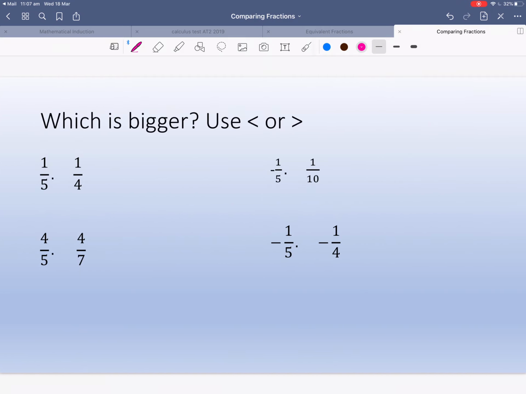All right, which is bigger, 1/5 or 1/4? What I'm going to do is try my best to draw two circles.